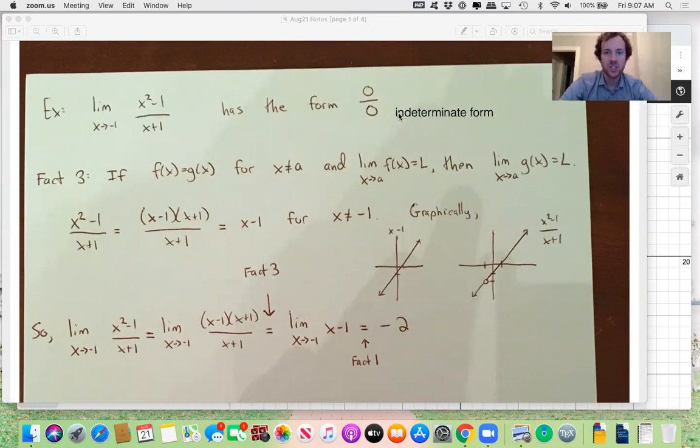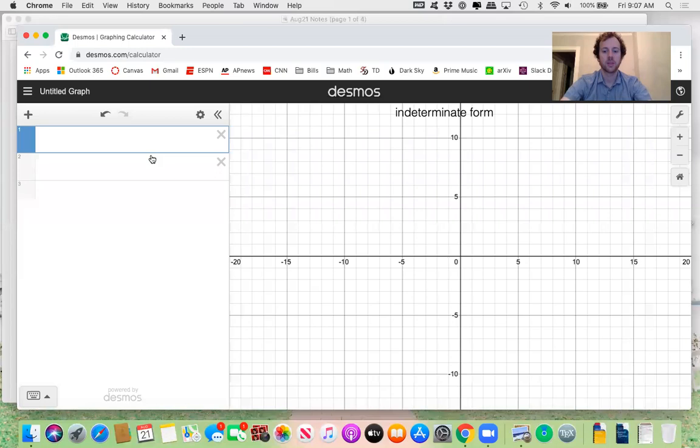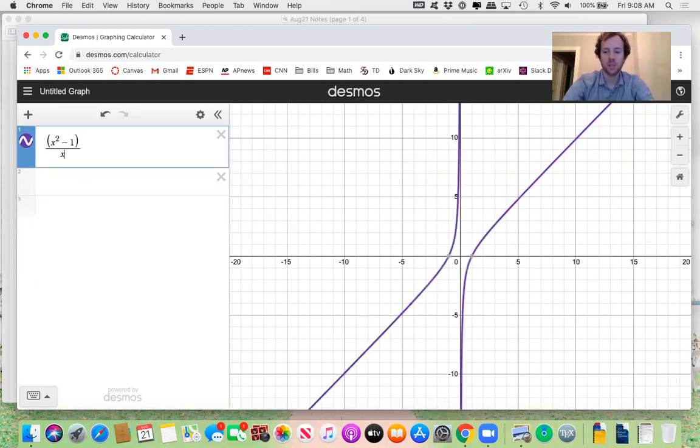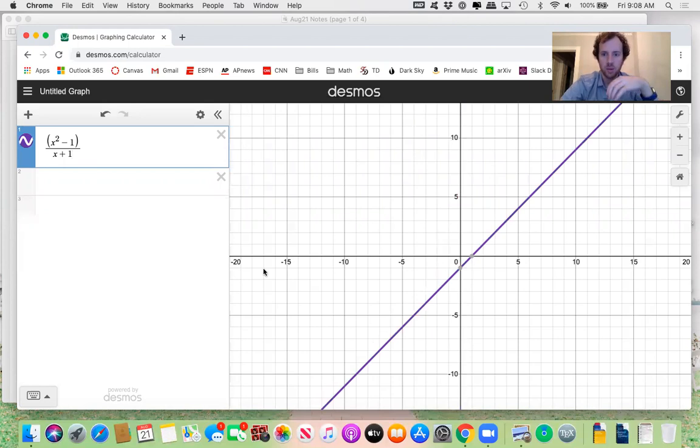To emphasize this indeterminateness, I want to pull up this graph. So we saw this last time, but I want to show you a variation. Okay. So again, that function was x squared minus 1 divided by x plus 1.